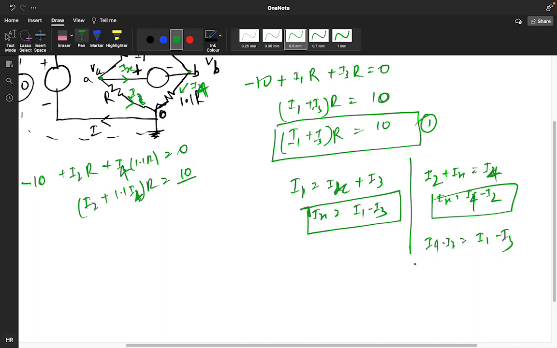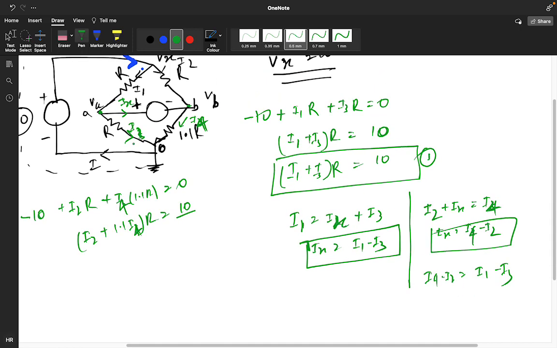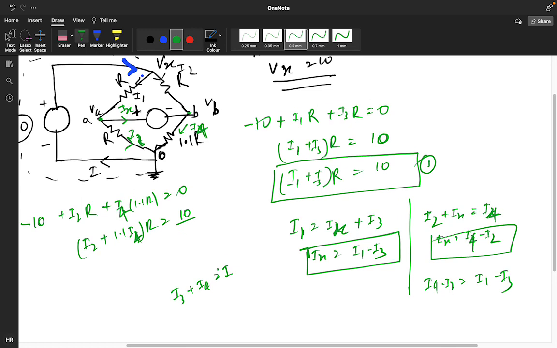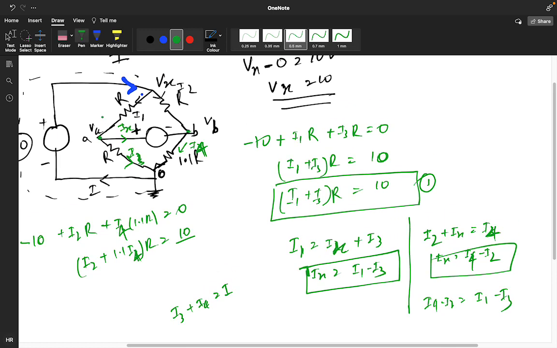What is that relation? I4 minus I2 is equal to I1 minus I3, if you equate this. And I3 plus I4 value is I, and I is also equal to I1 plus I2.